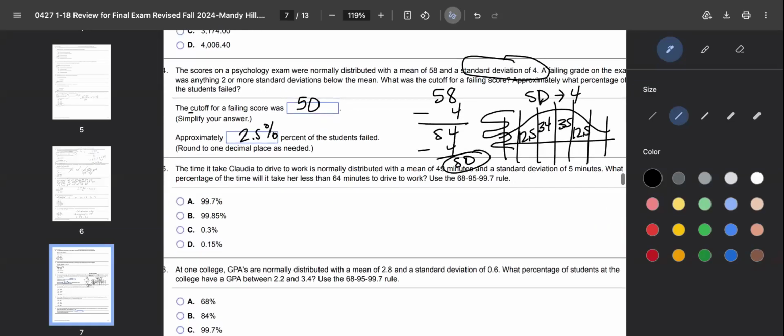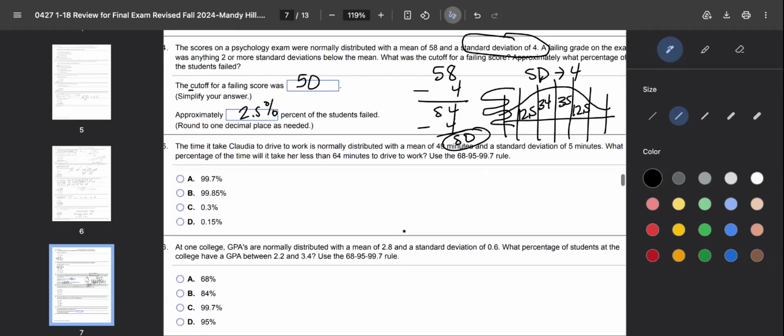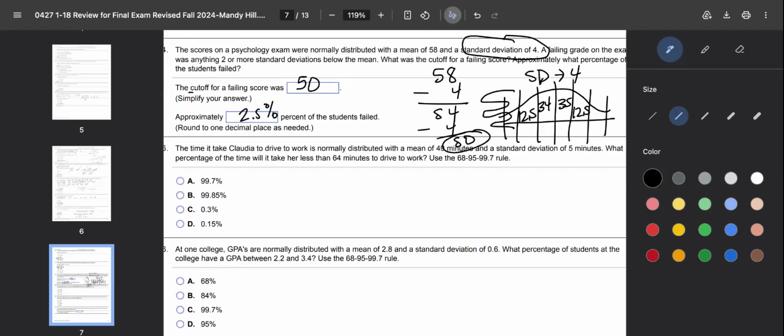The time it takes Claudia to drive to work is normally distributed with a mean of 49 minutes and a standard deviation of 5 minutes. What percentage of the time will it take her less than 64 minutes to drive? So here's that rule. We got a mean right here in the middle of 49.